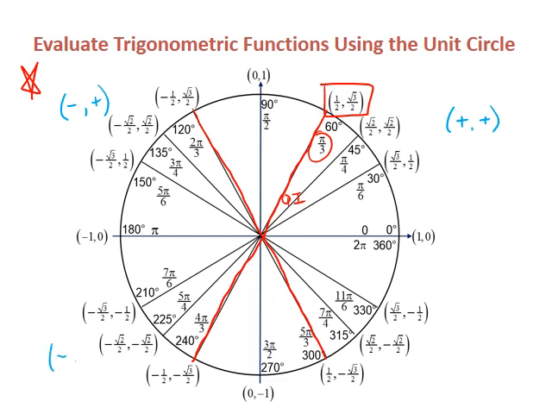Finally, in the third quadrant both are negative, and then we have positive and negative. So the multiples of pi/3 are always this ordered pair, but depending on which quadrant you're in, the sign may change.